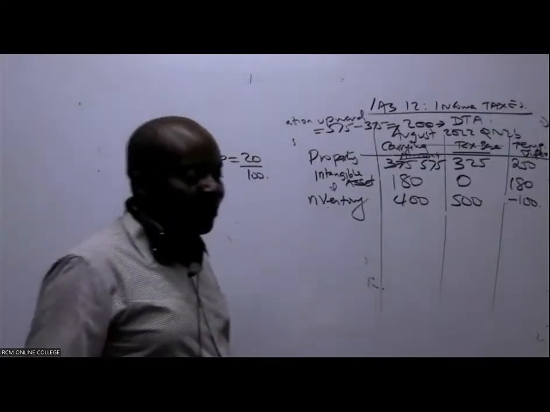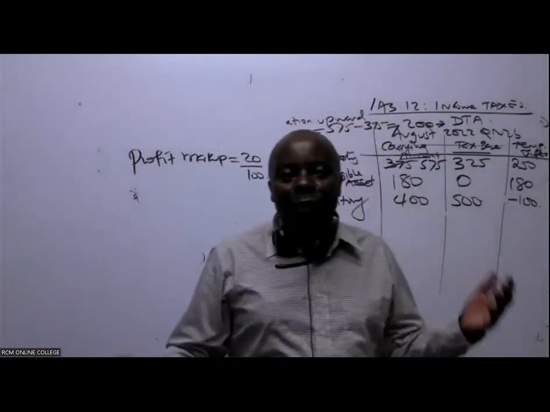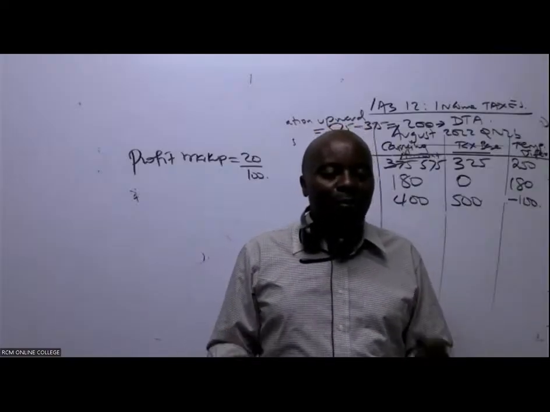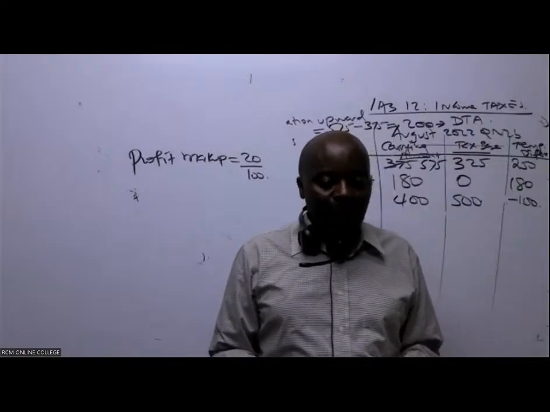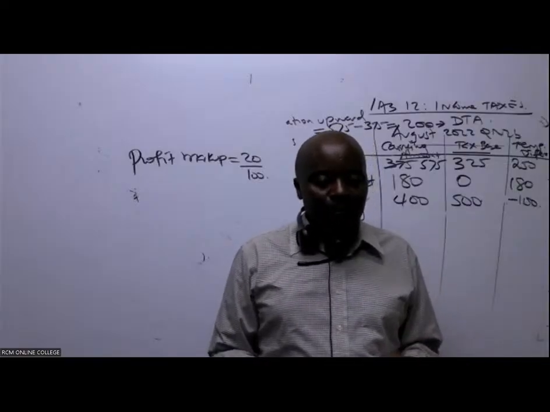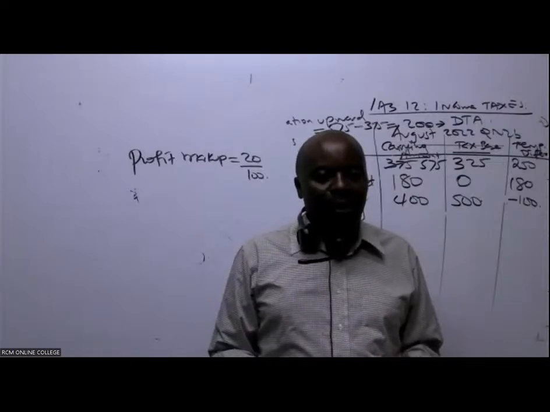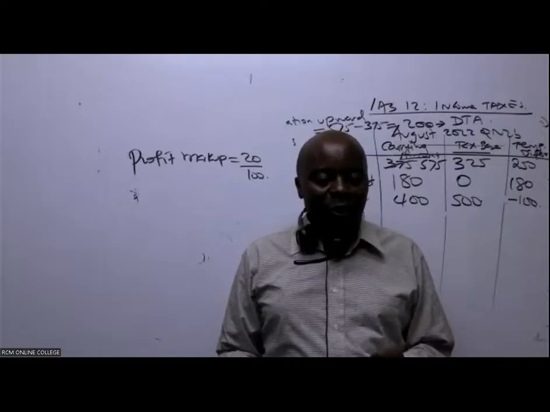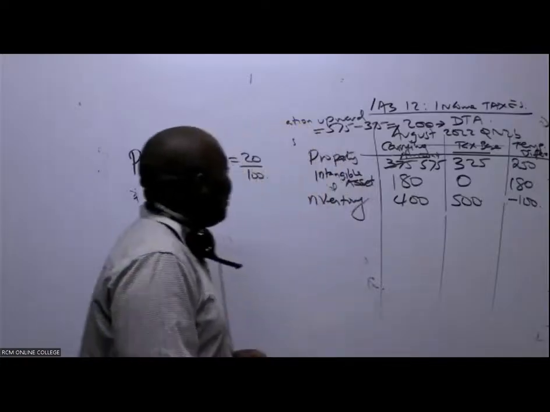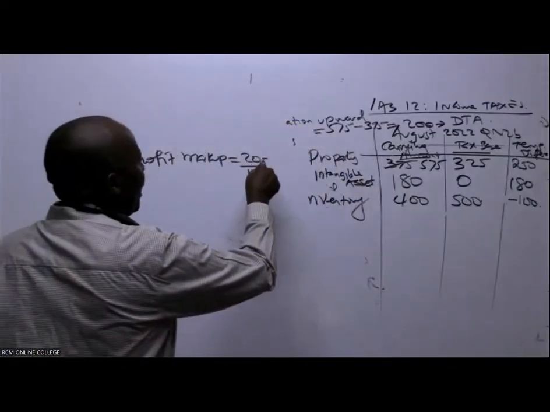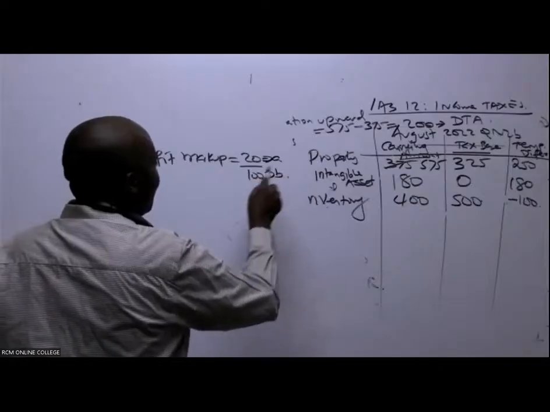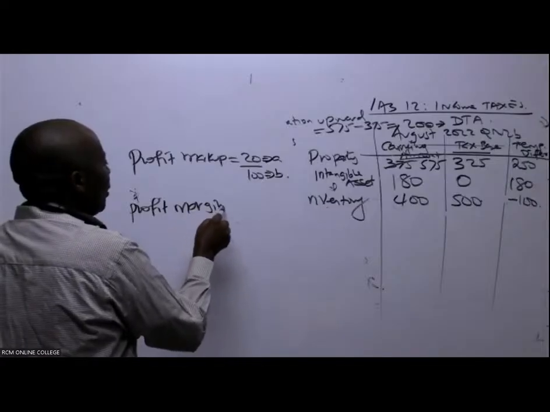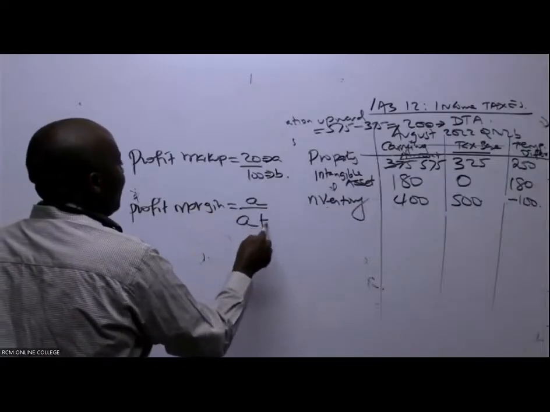So when they tell you that the profit markup is 20%, and I know that to get UPS I need the profit margin, what shall I do? Thank you very much, Paul. Paul has told me something very good. If this is A and this is B, to get the profit margin from the markup, you will simply take A over A plus B, like that.